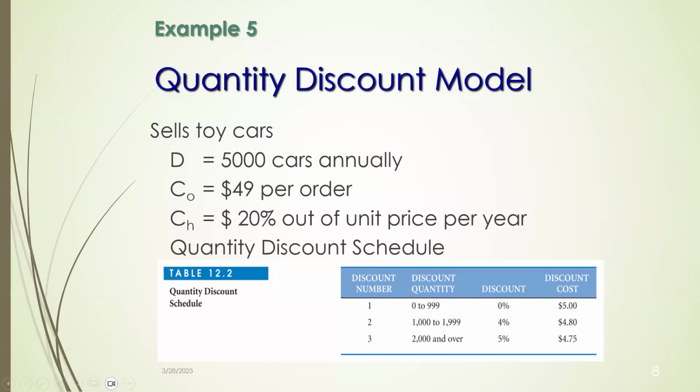Let's go to the whiteboard. D is 5,000, CO is $49, CH is 20% of the unit price. The normal price is $5. These are the information given.